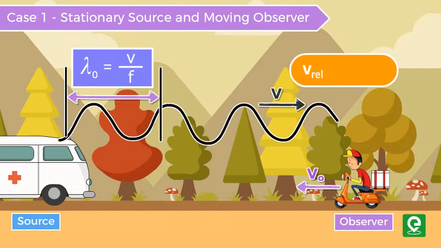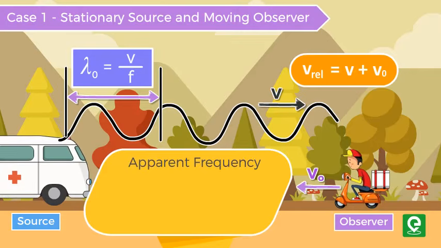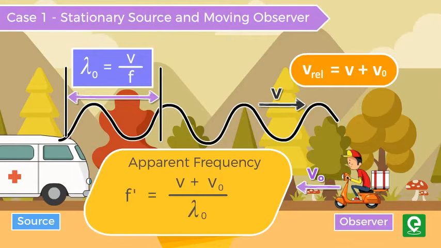Therefore, the relative velocity with which the sound of wavelength lambda naught will approach the observer will be v plus v naught. Thus, the apparent frequency of sound heard by the observer, f dash, equal to v plus v naught upon lambda naught. By substituting the value of lambda naught, we get f dash equal to (v plus v naught) upon v into f.